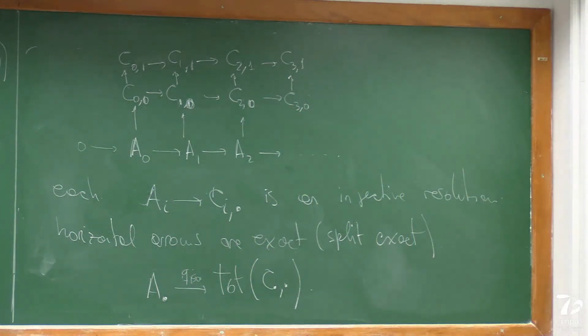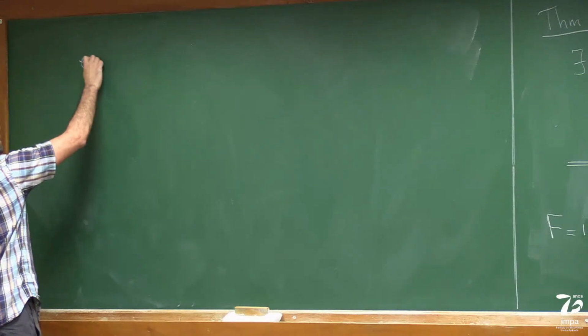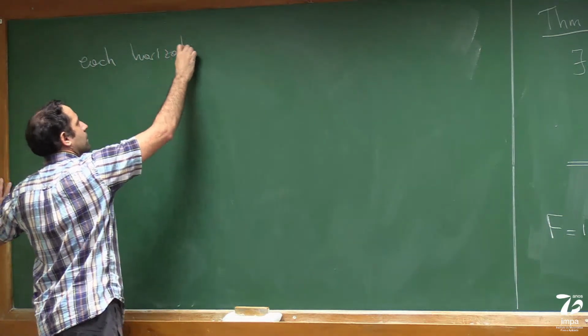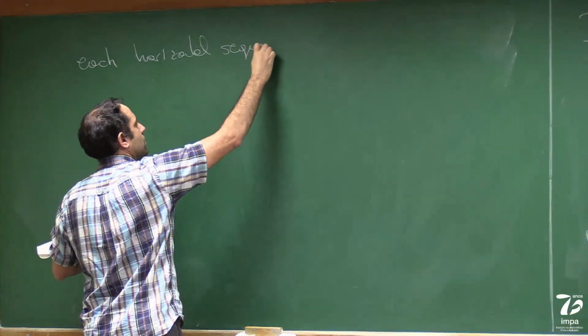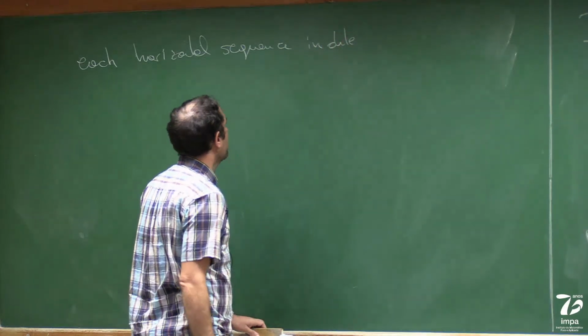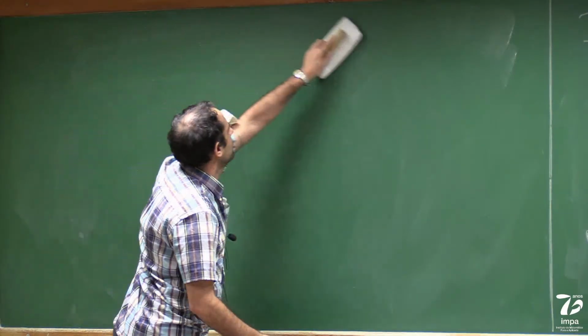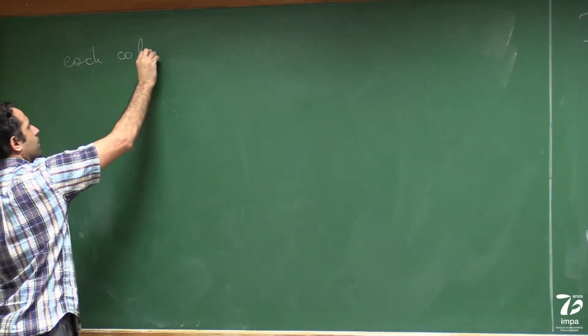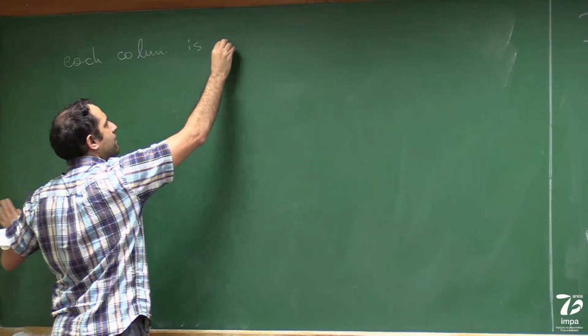The fact that it's split exact on each row means that each one of these horizontal sequences gives rise to induced horizontal sequences.